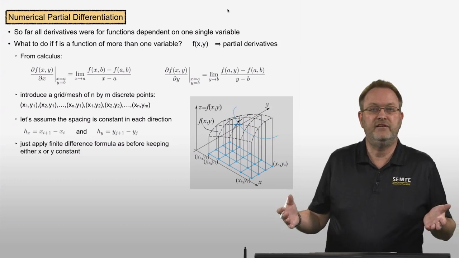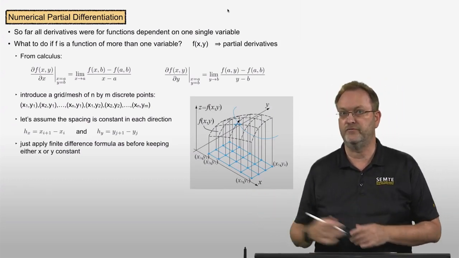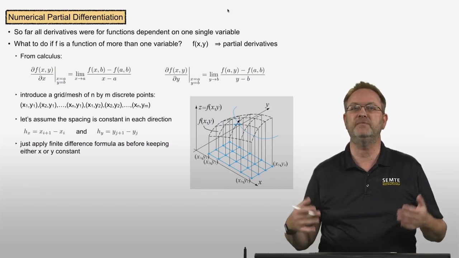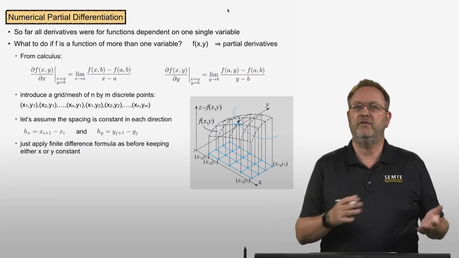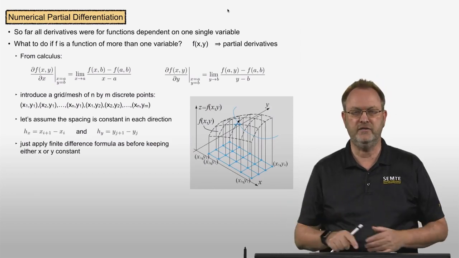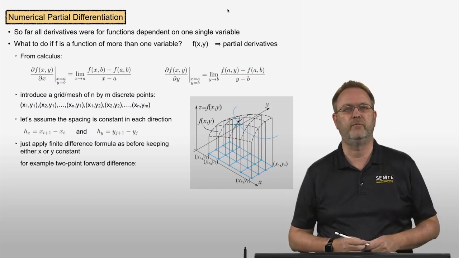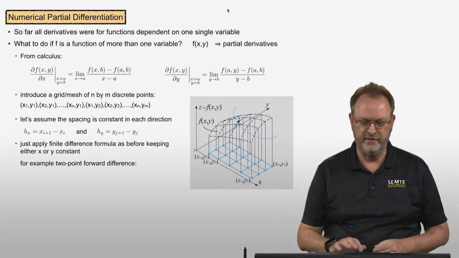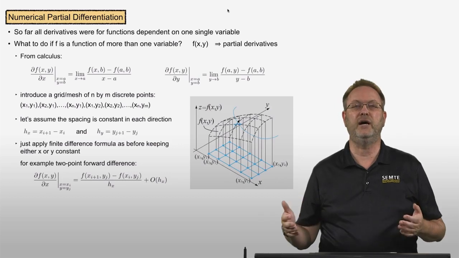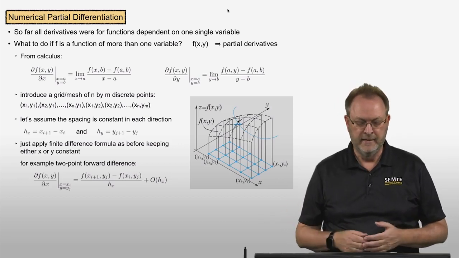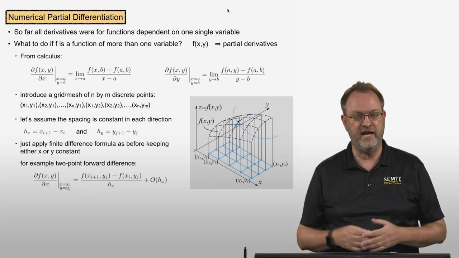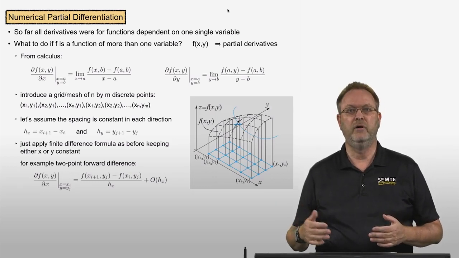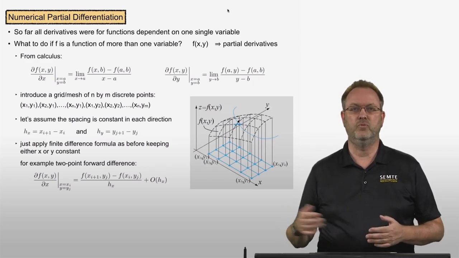And now to do the finite difference version of the calculus version, all we have to do is apply the finite difference formulas as before, keeping either x or y constant, depending on which partial derivative that we're interested in. So for example, using 2-point forward differences and looking at the partial derivative with respect to x at the location x_i, y_j, since it's the partial derivative with respect to x, we keep y constant equal to y_j.